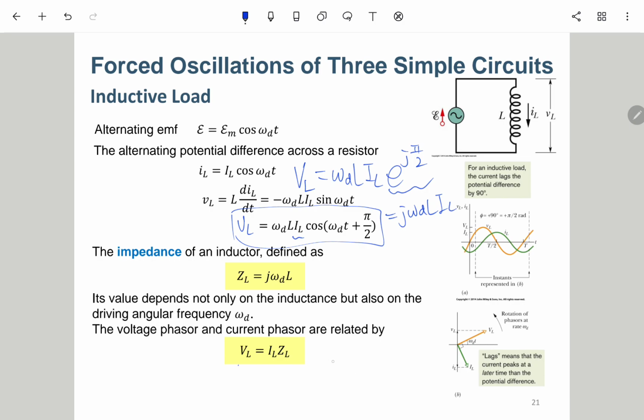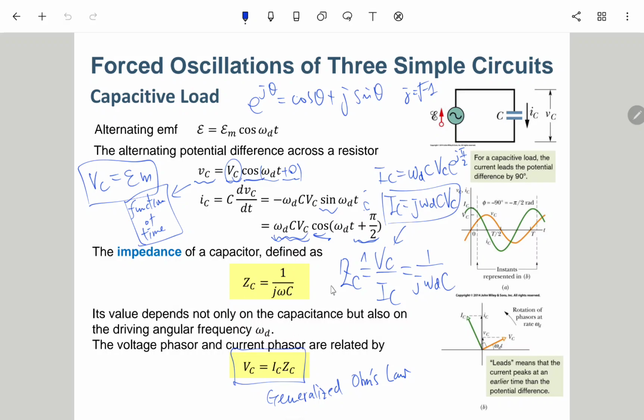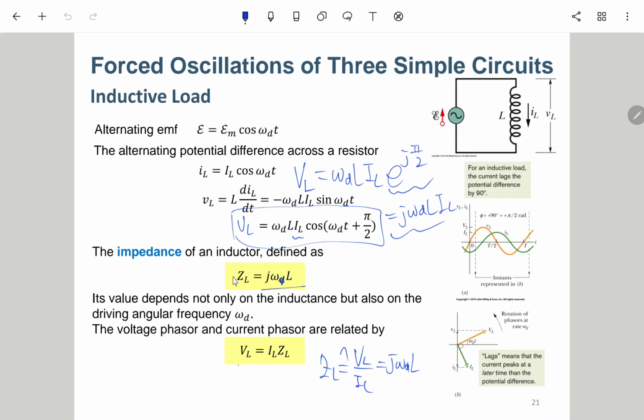And similarly, ZL is VL over IL. From this one we just move this IL to the left side, so the remaining thing is j omega d L. We can replace omega d with omega, so that it is consistent with the previous page. ZL equals j omega L.